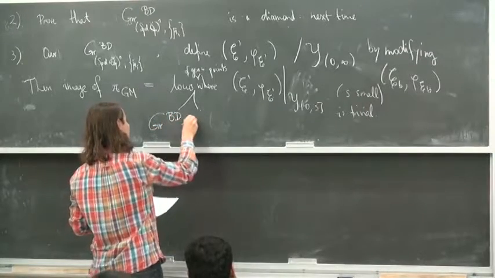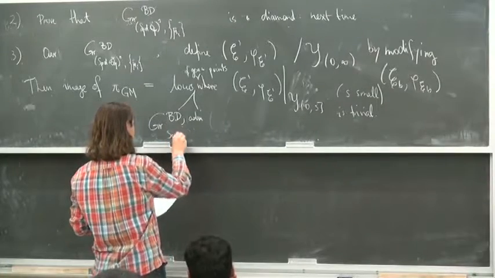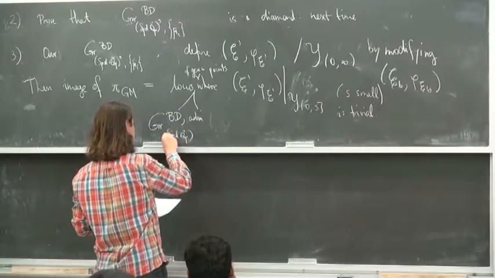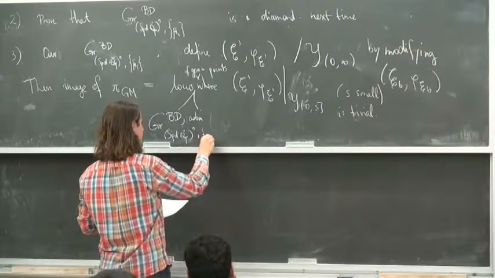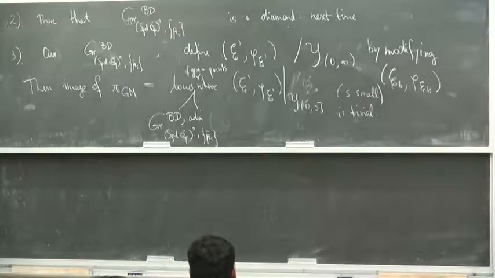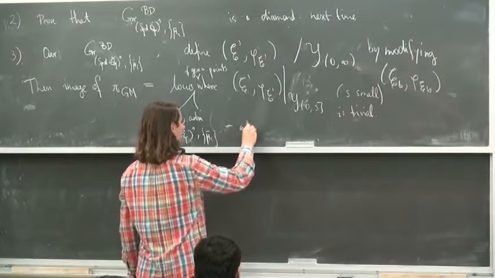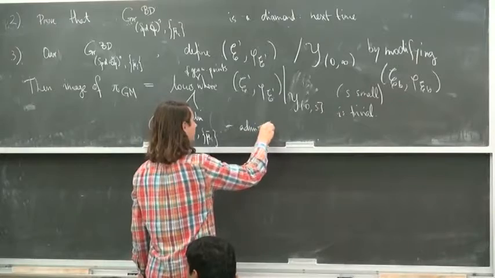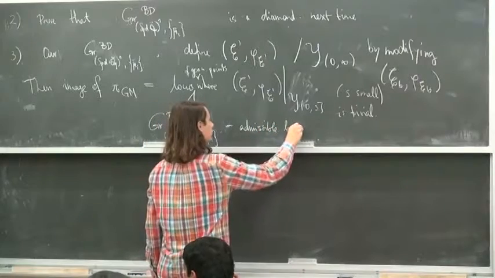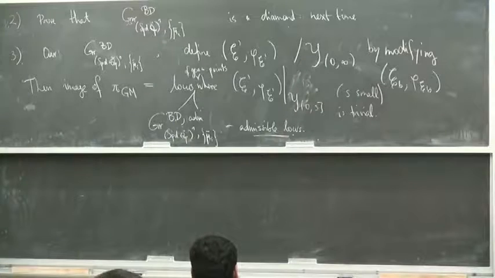The notation is becoming quite bad, but anyway. You have this Grassmannian which parameterizes the filtration, and there you have this admissible locus where this vector bundle is trivial.